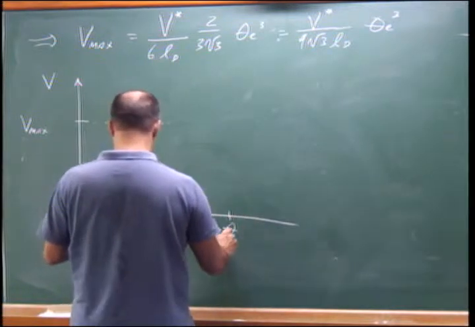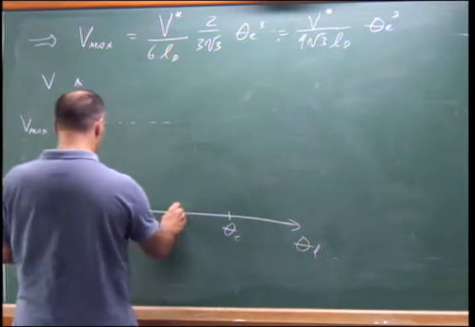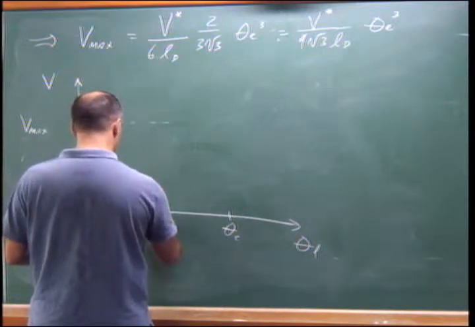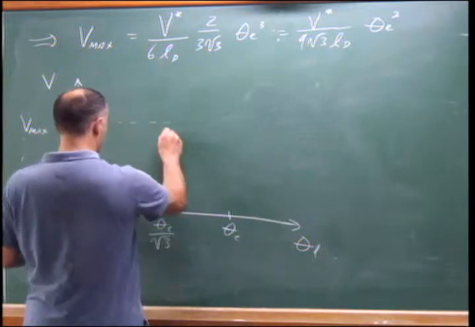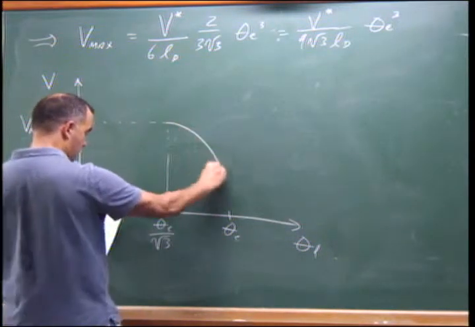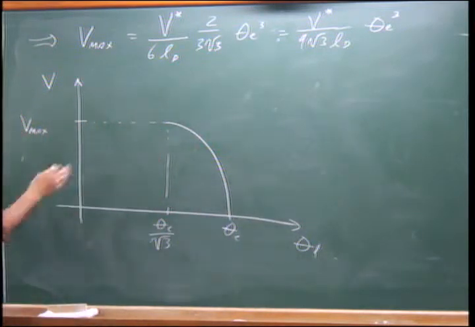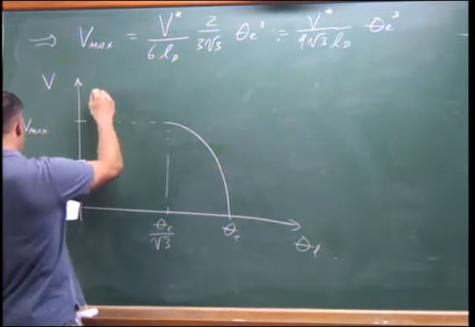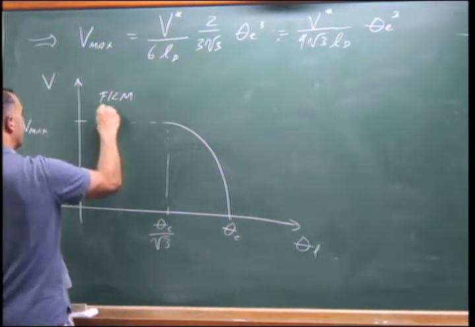This is theta equilibrium, theta D, and this is theta E over square root of 3. So above here, we have this maximum speed beyond which it turns out that the film is deposited.